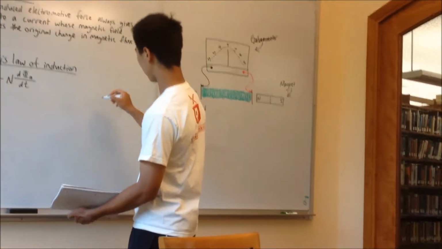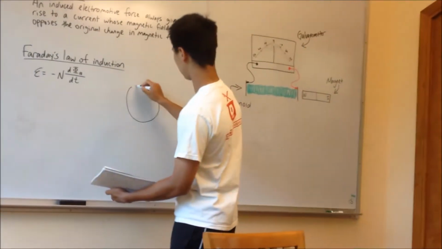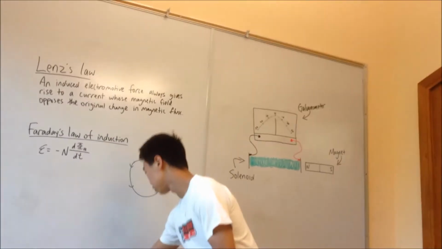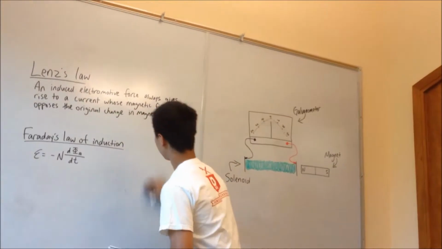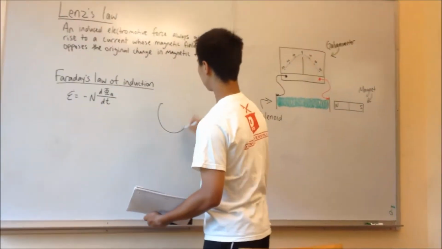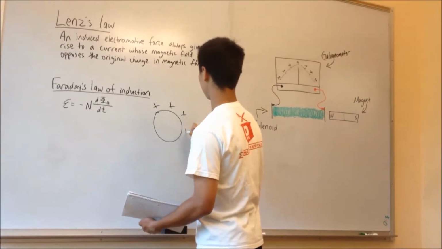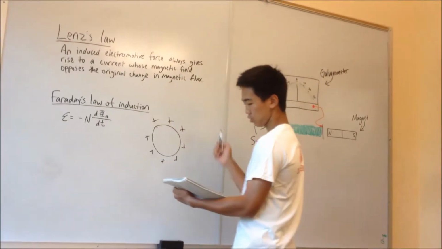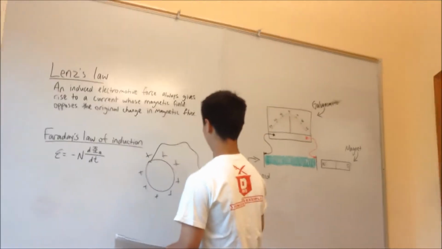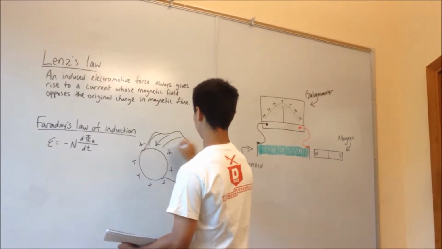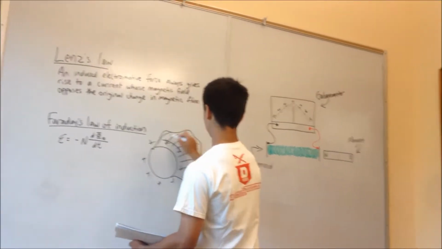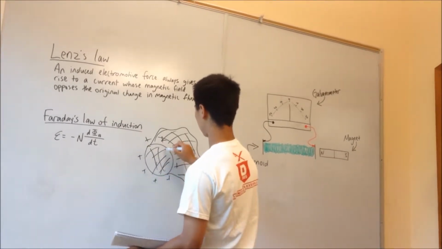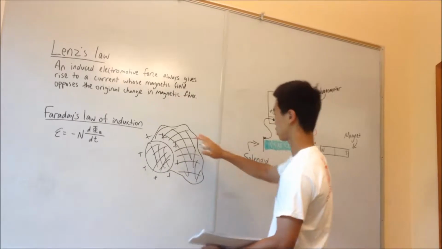If you have a loop with charges on it, it's a charged loop, and then some sort of surface around it. Alright, that's a pretty crude drawing, but you get the point. So this is some sort of surface around it.